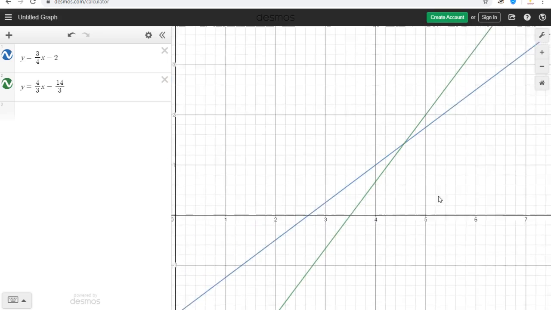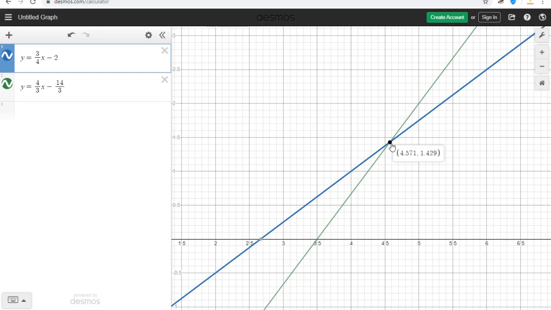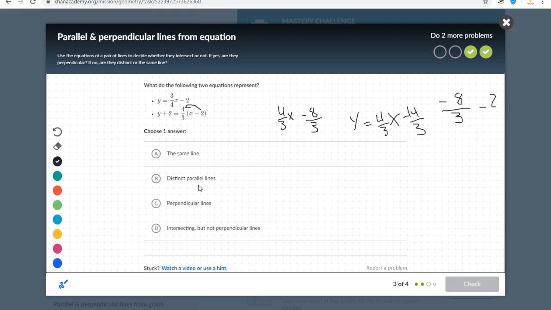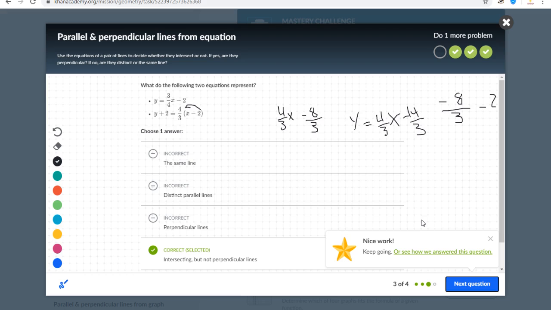And as we can see, we do intersect, but can we make right angles out of this? No, we cannot. So these are not just straight across, crossing each other. They kind of come in at an angle. So they are intersecting, but they're not perpendicular, because they do not make a perfect right angle when they cross.